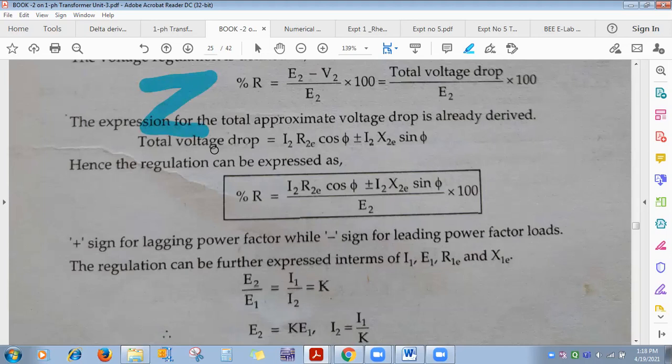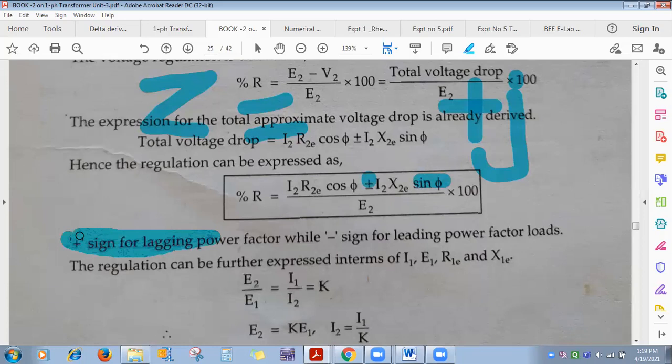For both series RL and series RLC with more inductive, whatever Z, its imaginary part is always positive. This one we have seen number of times. That's why phi is always positive, and sign of plus phi is plus sin phi. That's why plus for lagging power factor.